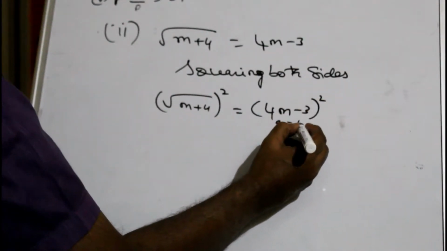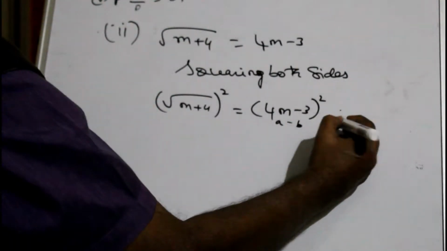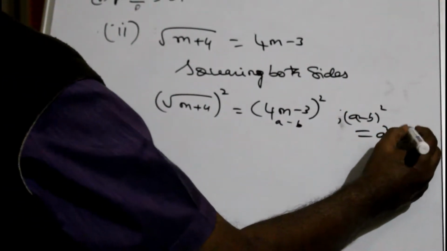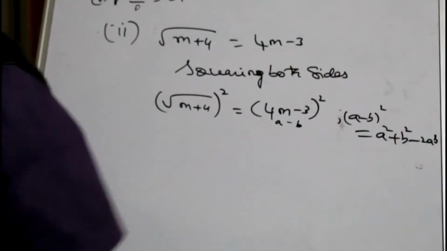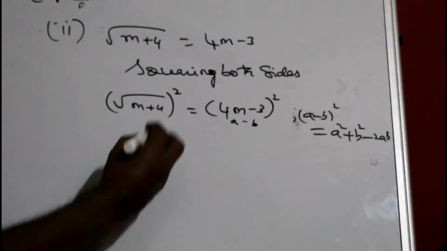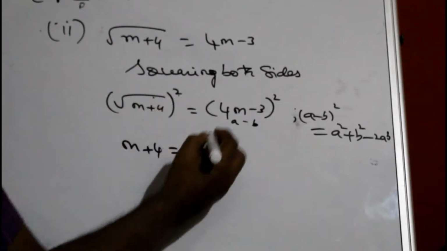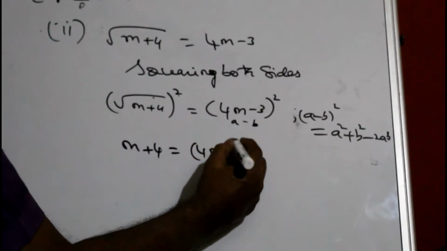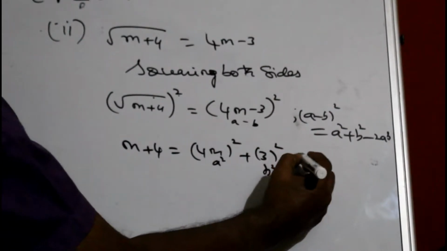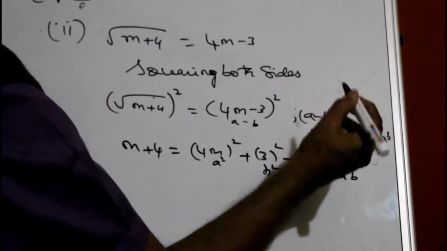You must use the formula a minus b the whole square, which is a square plus b square minus 2ab. When you square this side, the root and the square cancel. So you get m plus 4 equal to 4m the whole square, which is a square, plus 3 the whole square, which is b square, minus 2 into 4m into 3, which is 2ab.